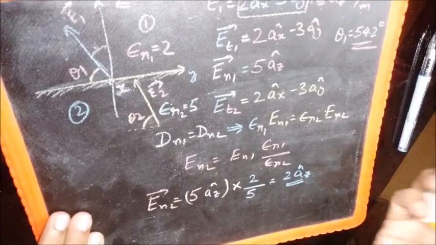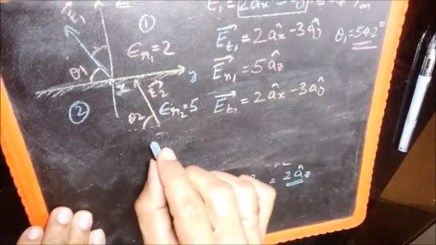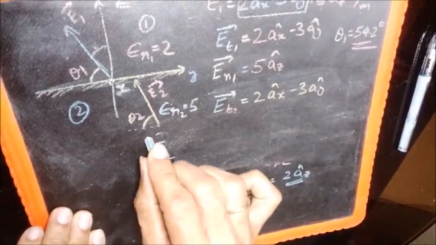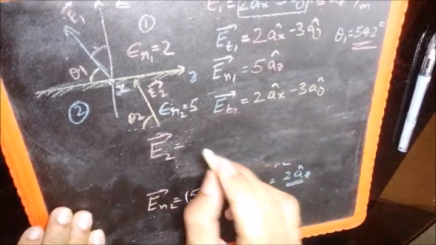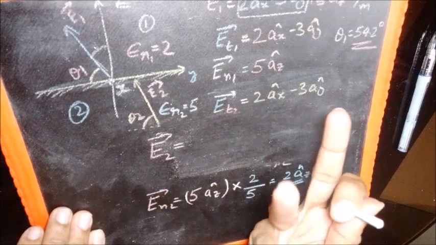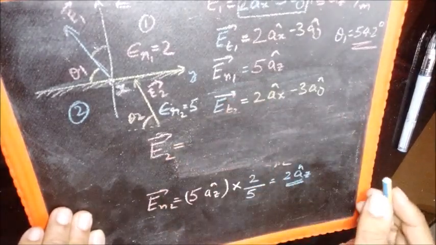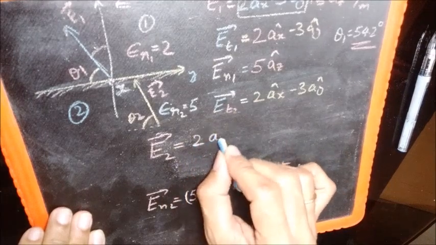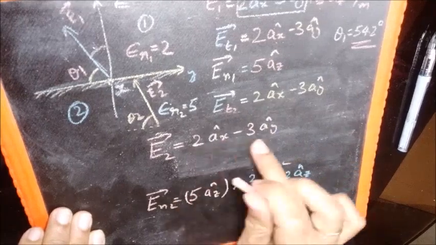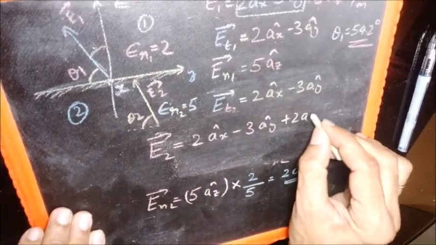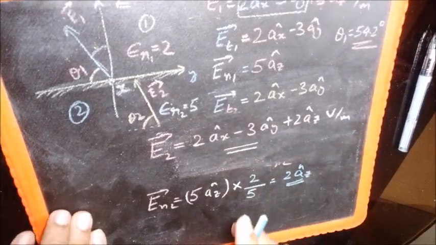Therefore we can say that E2 is equal to ET2 plus En2. Since the normal and tangential components are perpendicular to each other, putting them together we get the electric field E2, which is 2 ax cap minus 3 ay cap, that is the tangential component, plus 2 az cap volt per meter. So we found out E2.